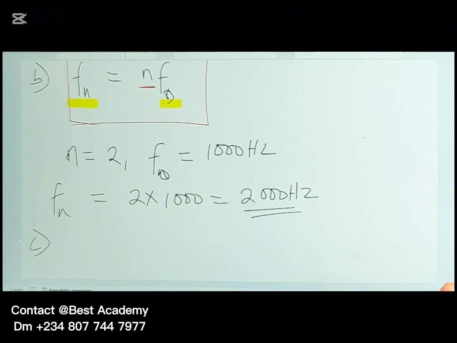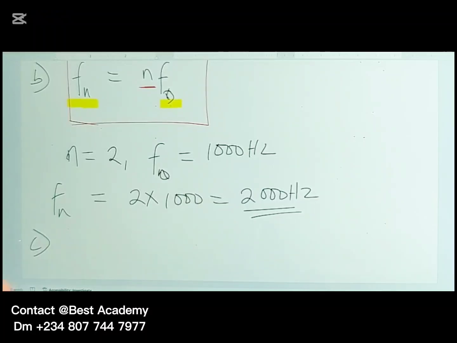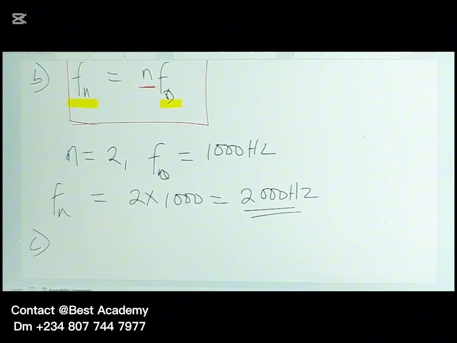Please listen to me. The formula for overtone of an open pipe is different from the formula for overtone of a closed pipe. Now we are solving a question on an open pipe. We are going to know the formula for the overtone of a closed pipe, but let's first of all finish up the question for open pipe.